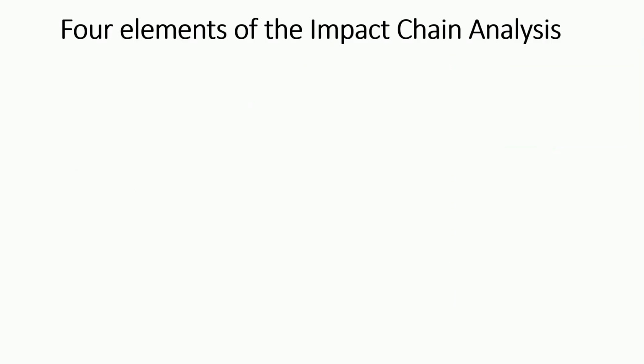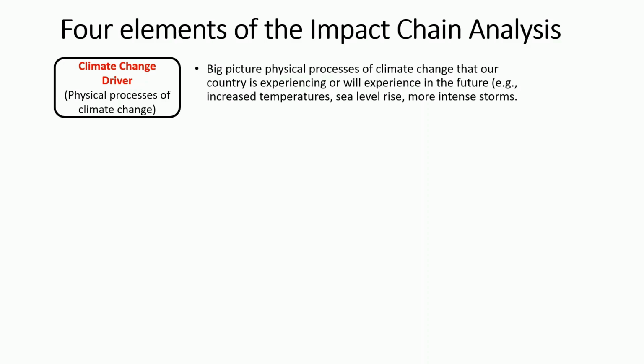So now there are 4 elements of the impact chain analysis, and we'll step through these one by one. This is our terminology, our lingo, our nomenclature, if you will. So the first is a climate change driver. That's the first thing that we're looking for. And this is quite simple.